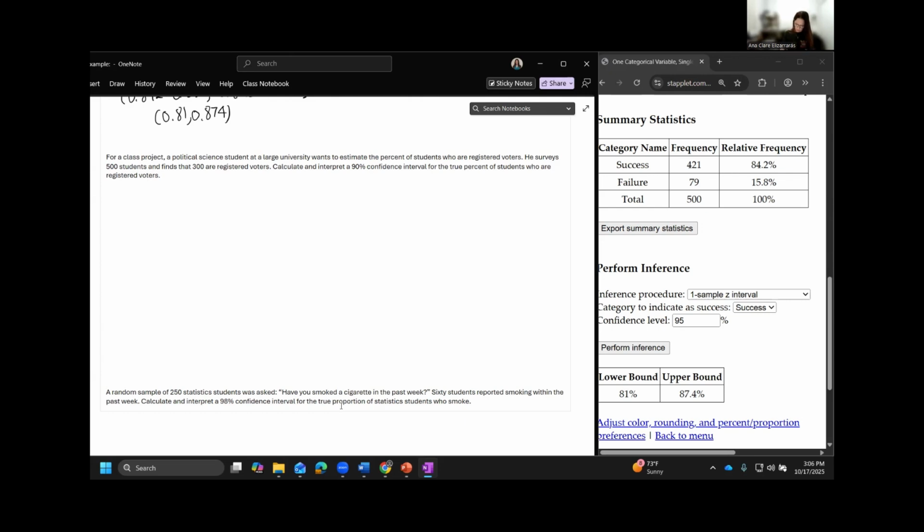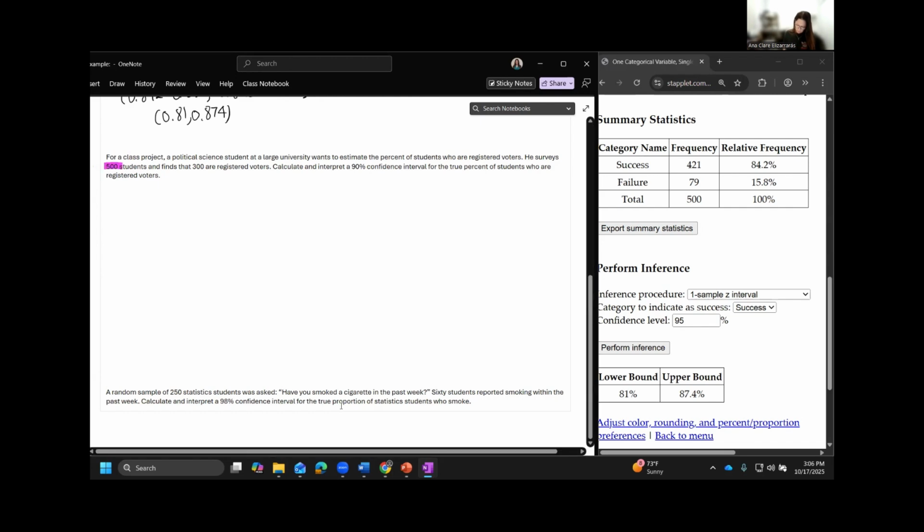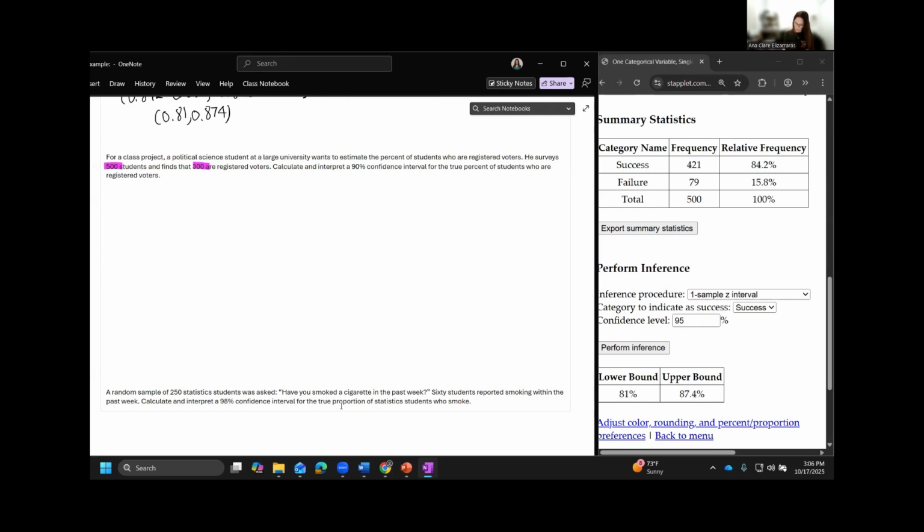All right, so now, as we're doing this, a few things to think about. We have 500 students total, 300 are voters. So what is success in this situation? A success is based on the question that they tell us. They want us to interpret an interval for the true percent of students who are registered voters.